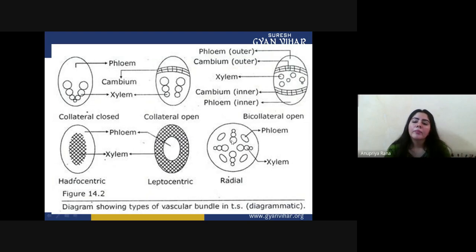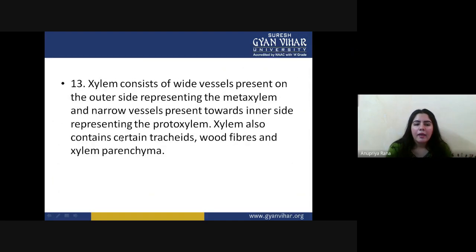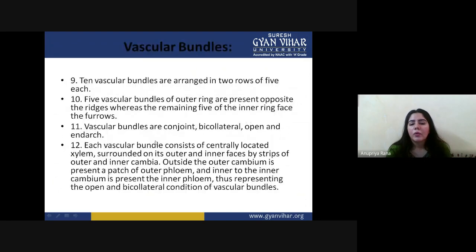That's why xylem and phloem are present alternately, in such a manner that we can cut them into two equal halves wherever we want. So I think all these types of vascular bundle will be clear, and only one or two have been shown here. You can now easily imagine how the bicollateral vascular bundle will be present.